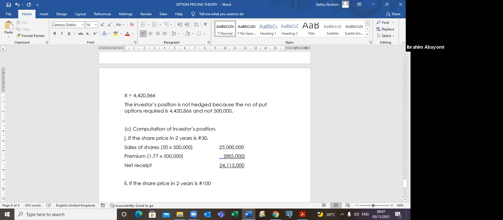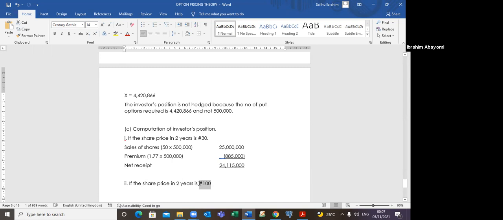Of course, if the share price is 100 naira, he will not exercise his right, because if he exercises his right, he will sell at 50 naira. So he will simply go to the market and sell at what? 100 naira. Because we are dealing with put option. He won't exercise his right, because it's better not to exercise the right.